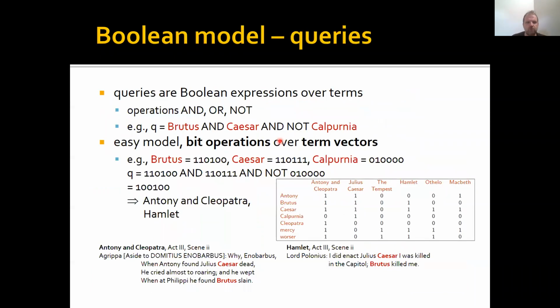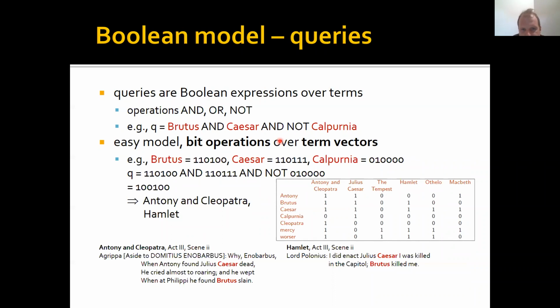And now to the queries. The Boolean model is called that because Boolean expressions over terms are used, and these are the queries. The queries are constructed over the terms themselves and the Boolean operations and, or, not.